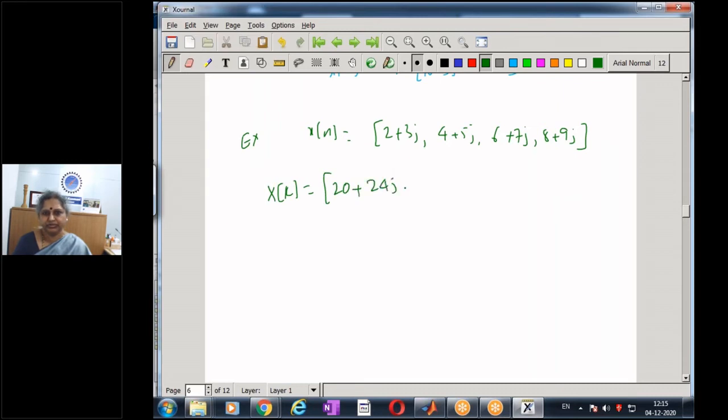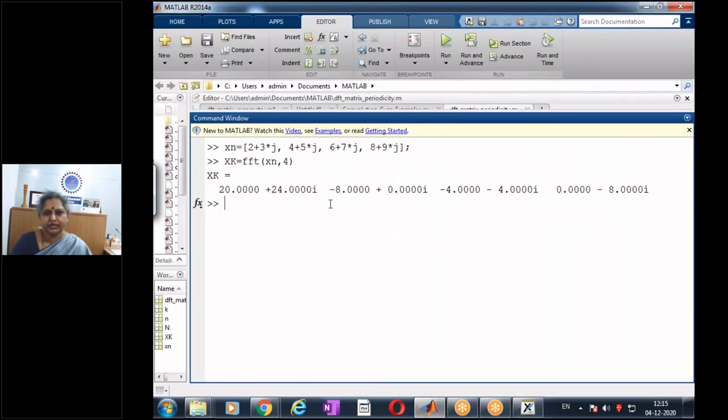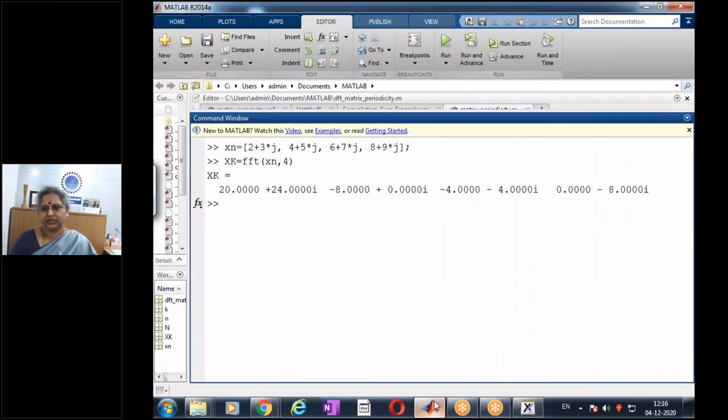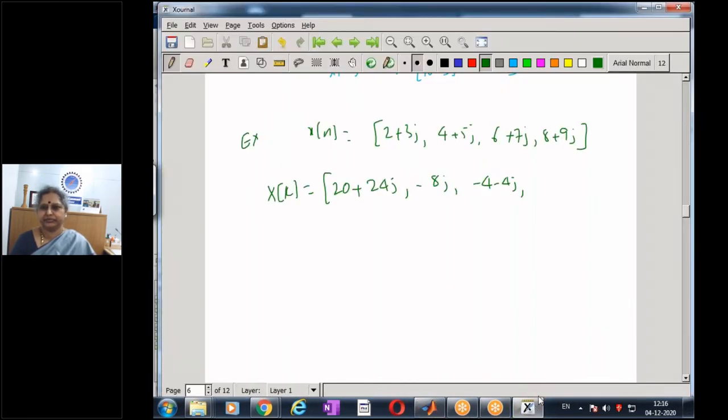Then the next term minus 8, minus 4 minus 4j, minus 8j, minus 4 minus 4j, and the last term is minus 8j.